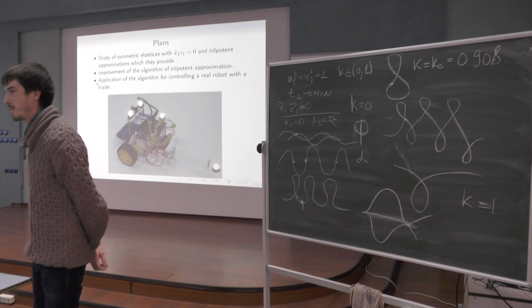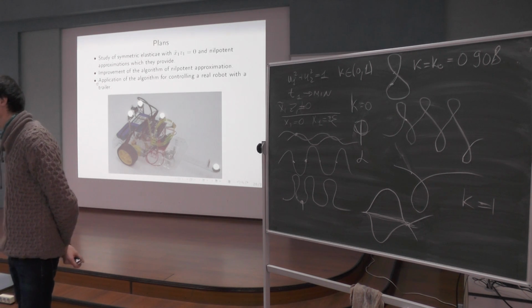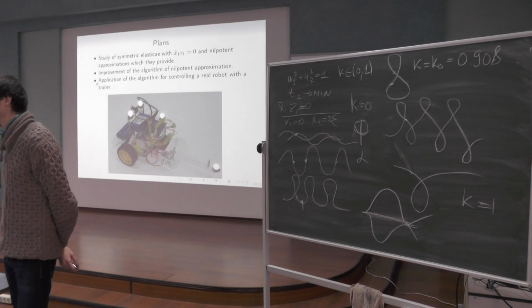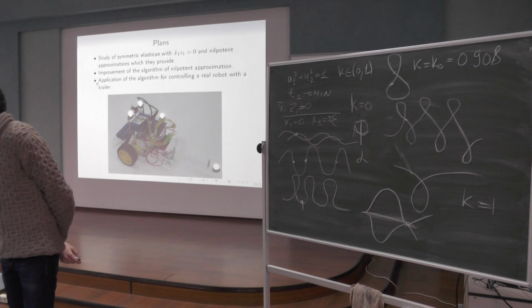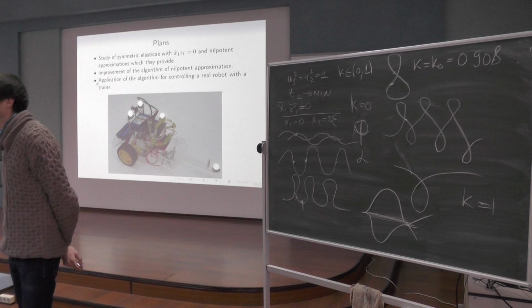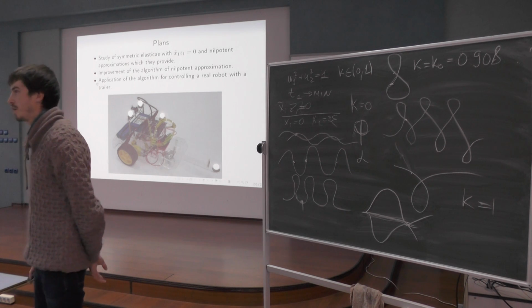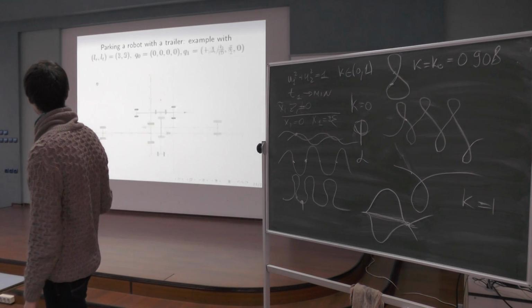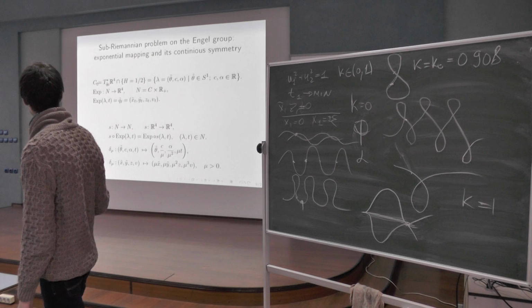So my question was about the Andrei group. Is it true that abnormal geodesics are parameterized by arc length, and both are not strictly abnormal? There are normal ones which cover those abnormal, and I can show you that.